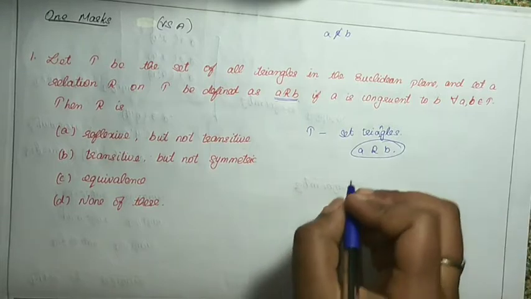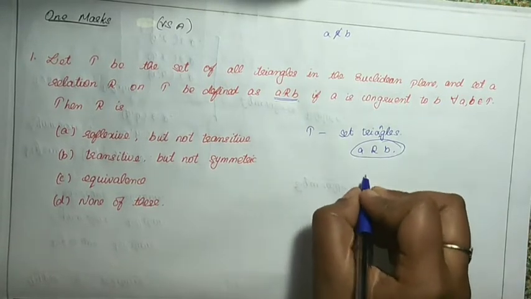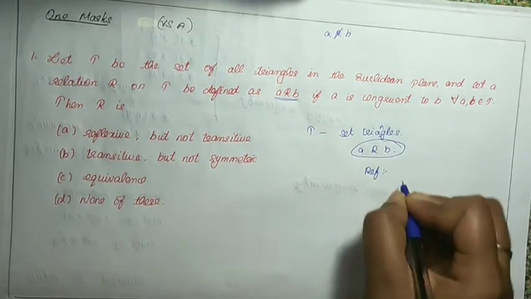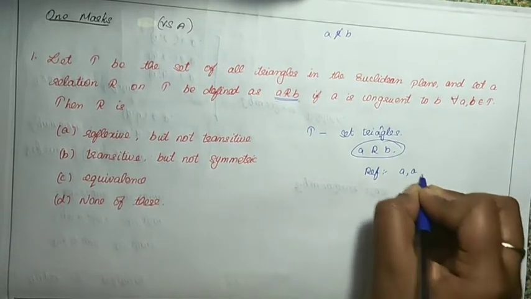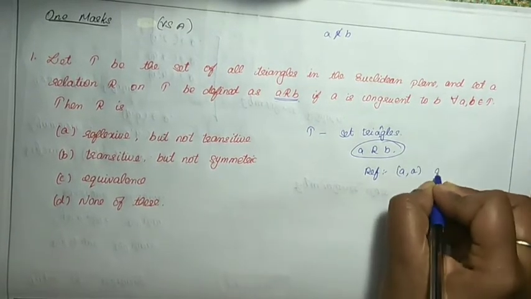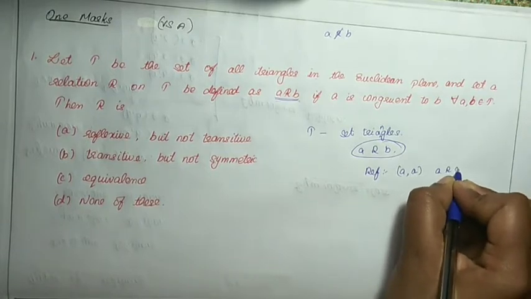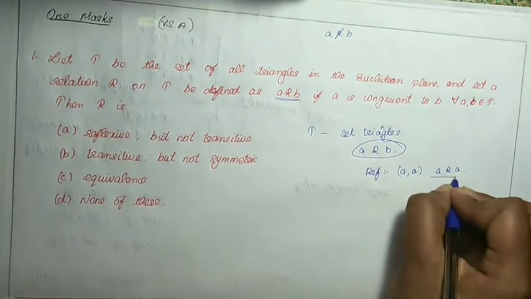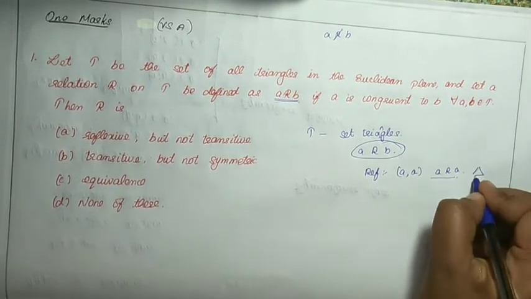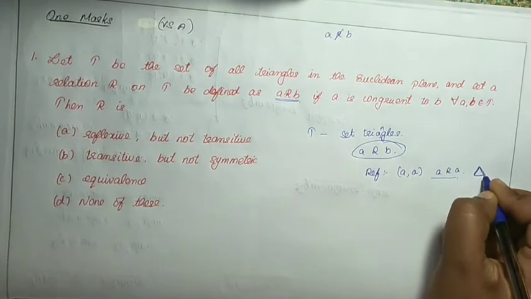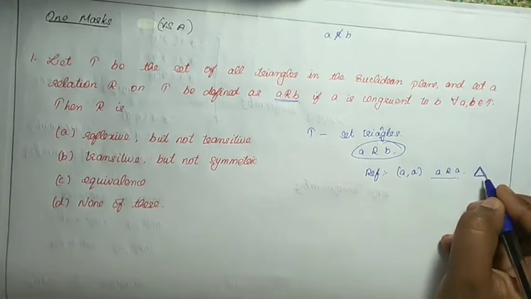First let us see for reflexive, what is the condition? A comma A. So I can say that A is related to A. Yes, the same triangle is related to itself.